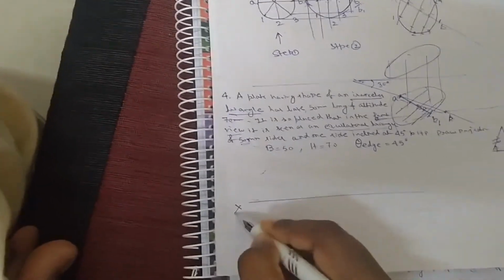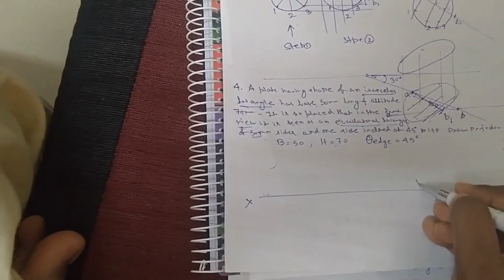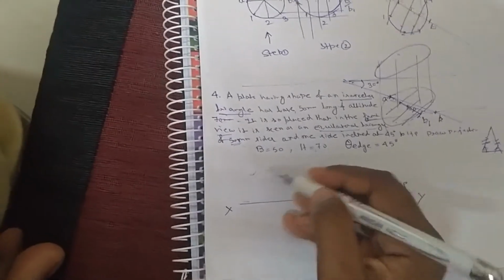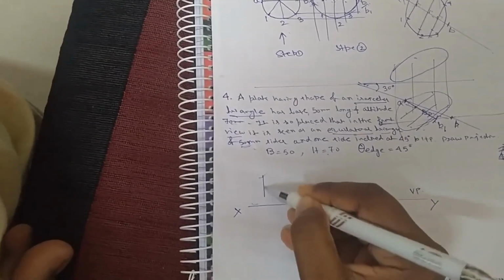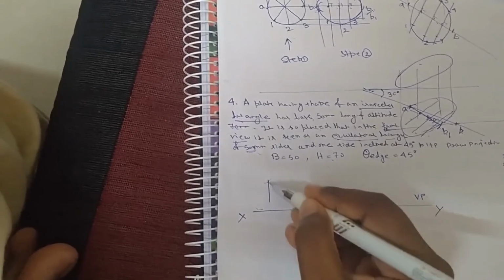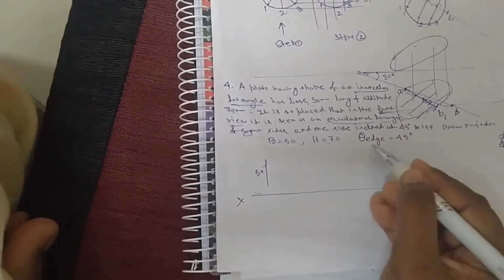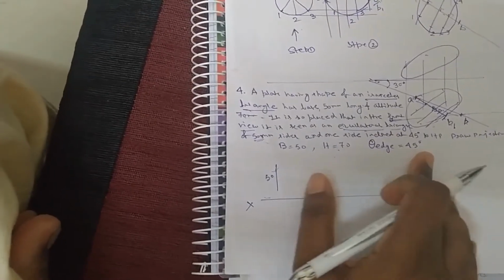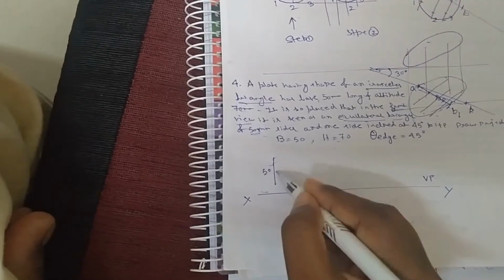So now we are going to place it on our VP plane. So it is saying one side is, we are going to keep this 50 millimeter edge 90 degree with XY line, so that we can incline it at our third step at 45 degree, and this is our 70 millimeter long.